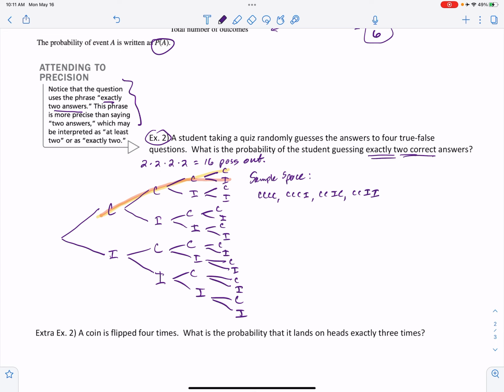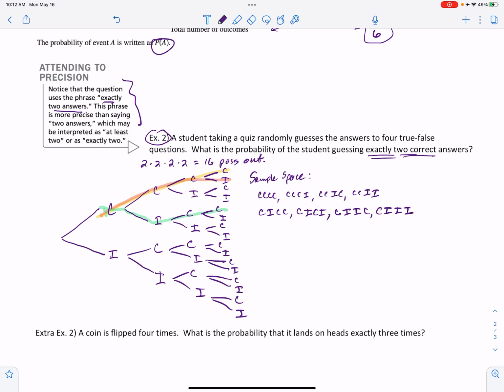And that takes care of that top branch and a couple of outcomes after that. And so then if I switch and go correct, incorrect, correct, correct, and start off that way, I've got correct, incorrect, correct, correct, correct, incorrect, correct, incorrect, correct, incorrect, incorrect, correct, correct, incorrect, incorrect, incorrect.